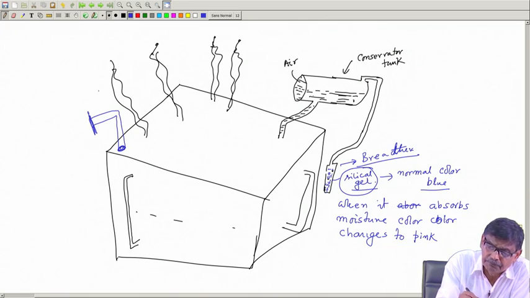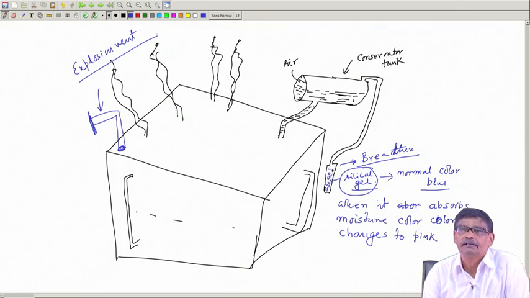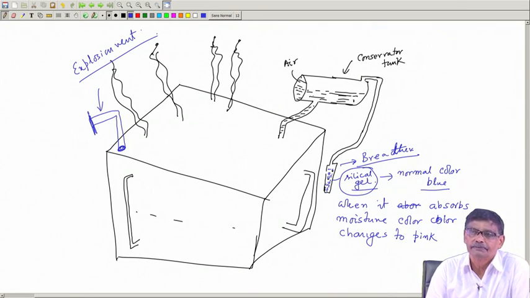Then what purpose is it given? It is called explosion vent. It is like a safety valve in your pressure cooker.